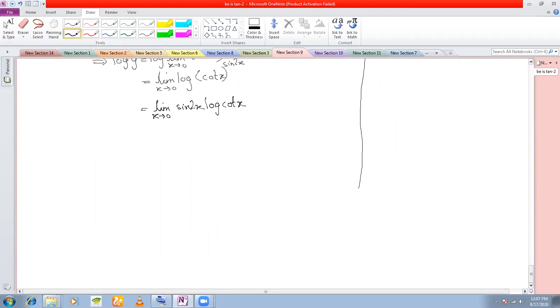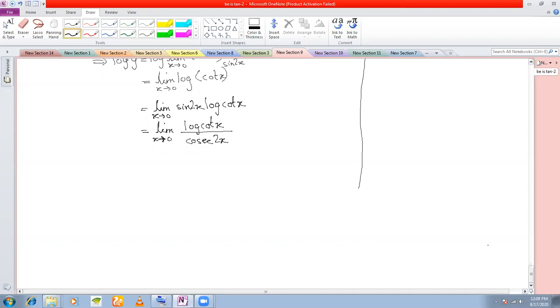Okay. So now this is not a fraction. So what you do is you convert it into a fraction by changing sine to cosec. We normally don't change sine to cosec, but here because we don't have a fraction, that is why we are converting into a fraction. I change sine 2x to 1 by cosec 2x.